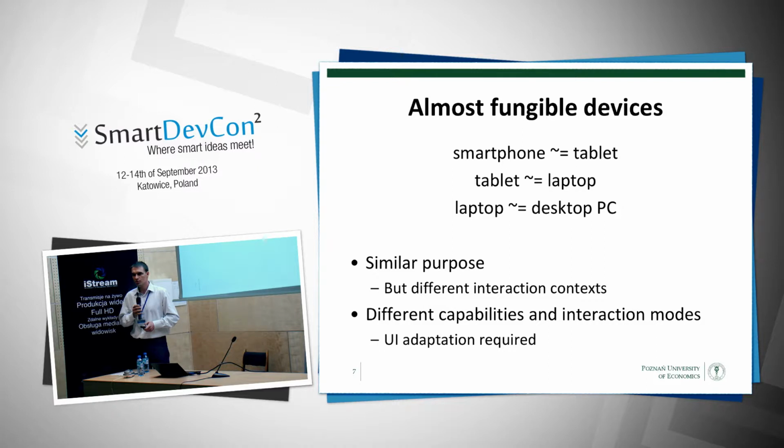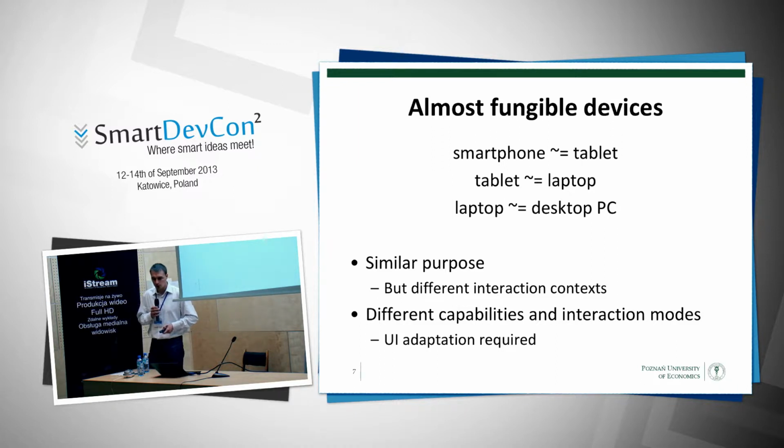Devices that are usually seen as fungible are devices like smartphones and tablets, or tablets and laptops, or laptops and desktop PCs, because they are mostly used for the same activities. The difference between them is the context in which they are used.